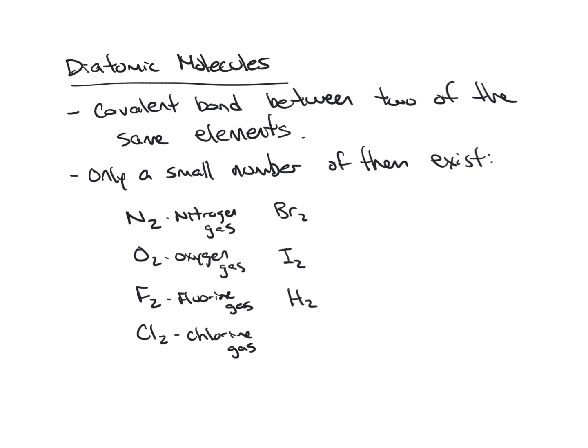And then Br2 is bromine gas, and then iodine gas, and then H2 is hydrogen gas. I'm not going to write all those down, but we just call them their regular name and then the word gas. Sometimes you may find me calling it something like difluorine. I might call it difluoride. If I say that, I mean the same thing as fluorine gas, F2. Okay, but I should be calling them all gas.